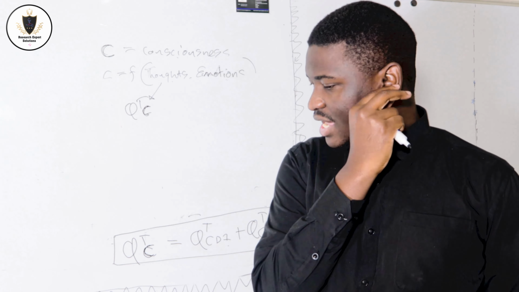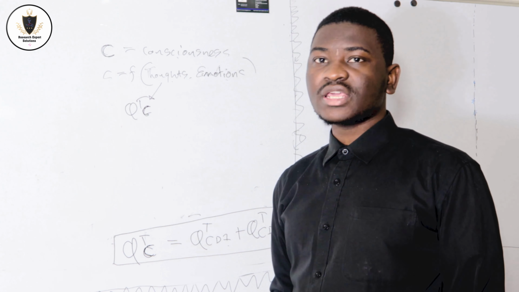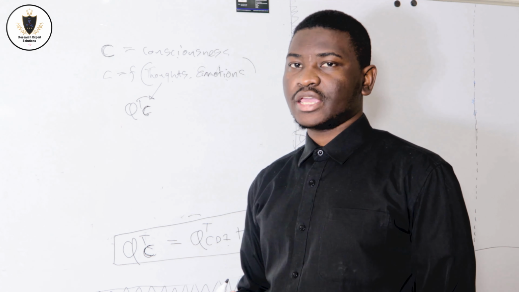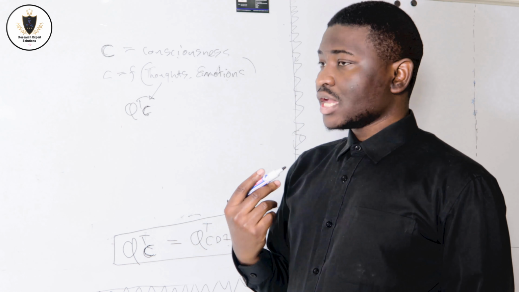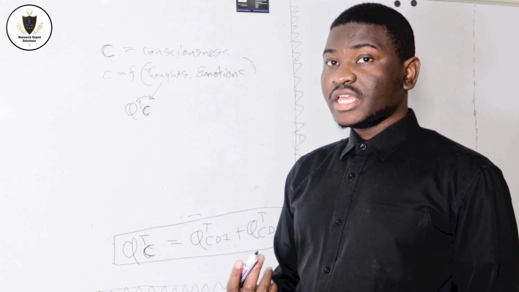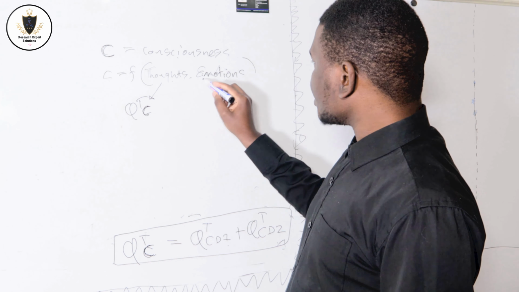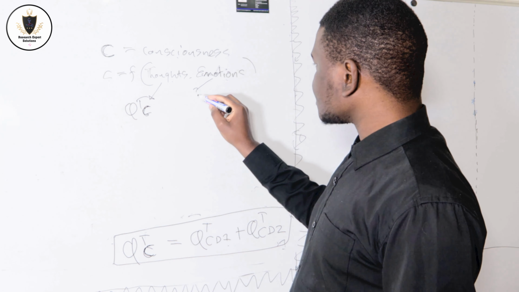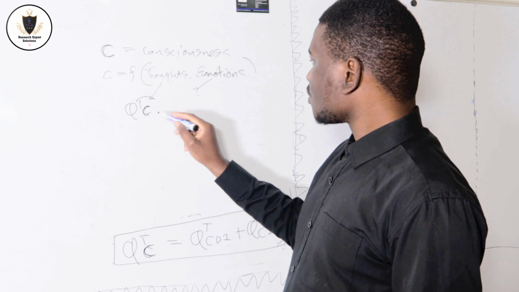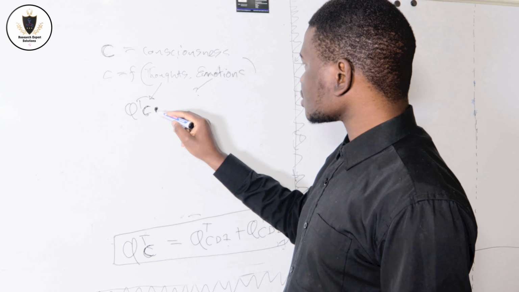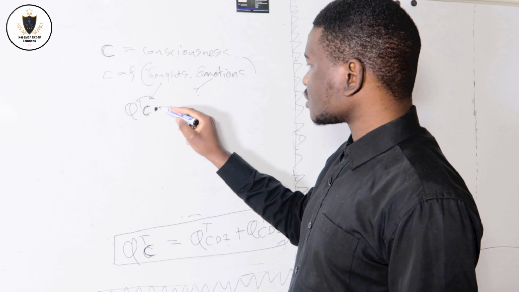Now, there is a funny idea here. Ideally, I'll just go straight to the point, then we'll start explaining things later. Since emotions are missing in this equation, we need to have emotions. I put a dot here, which is a multiplication.